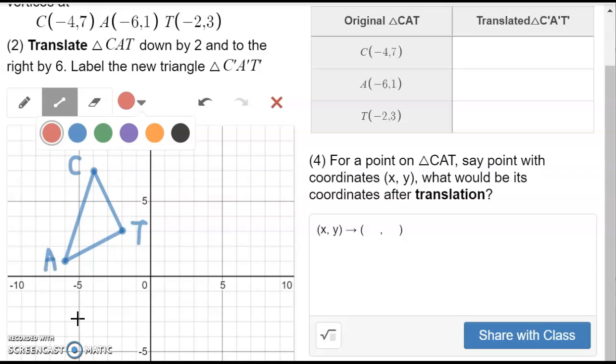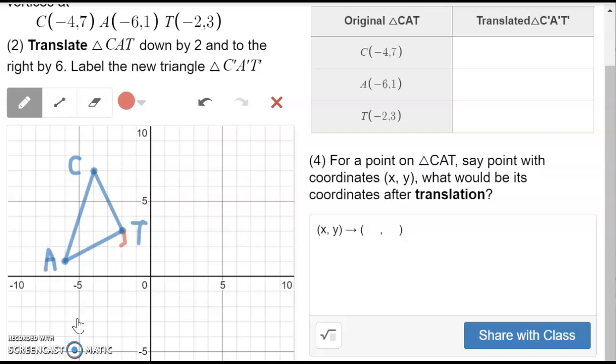So let's start with T. I am going to go down by 2, 1, 2, and then go to the right by 6, 1, 2, 3, 4, 5, 6. So I know that this is my point, and that will be my T prime.